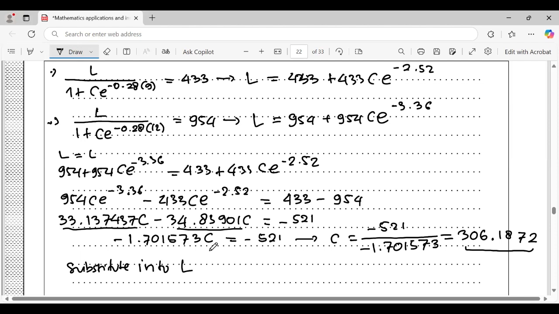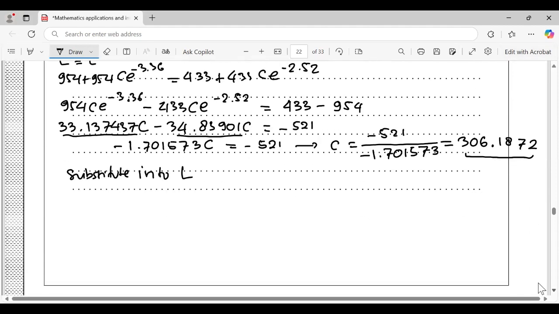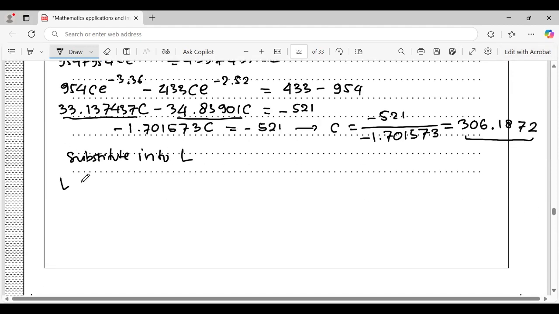After that, substitute this number into L. I will substitute into this equation. So L equals 433 plus 433 times 306.1872 times e to the power minus 2.52.